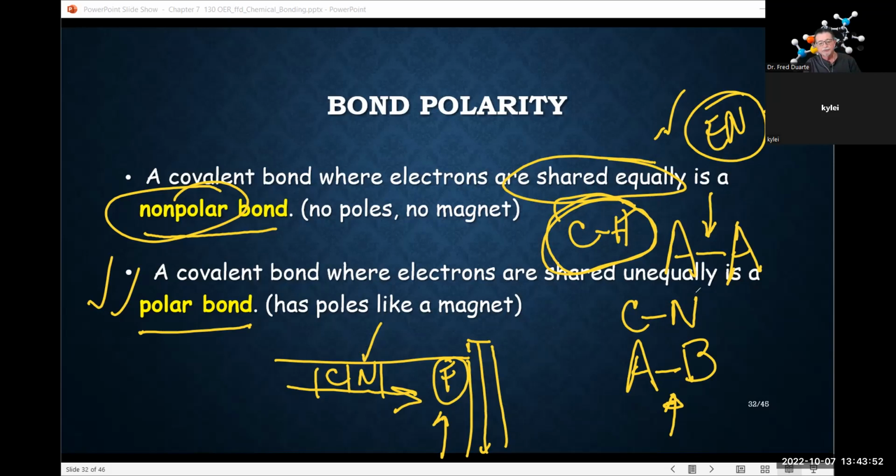If I were to draw a two-dimensional cloud representing where the electron density is, the carbon-nitrogen bond would look something like this, where the bulk of the electron density would be over here toward the nitrogen, okay?